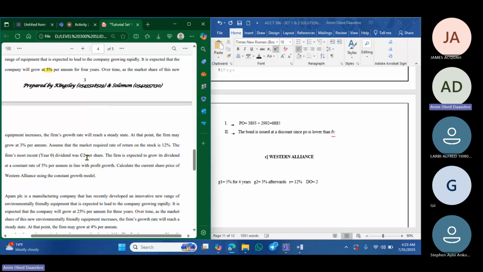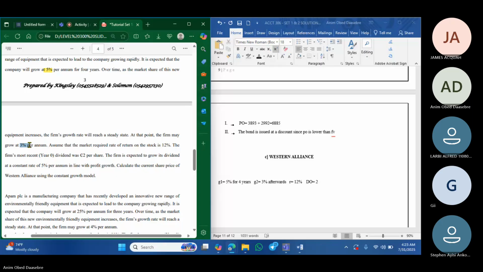You discount them by the constant growth for the first 4 years, and also find the perpetuity afterwards. You also grow it by the perpetuity rate to the future.